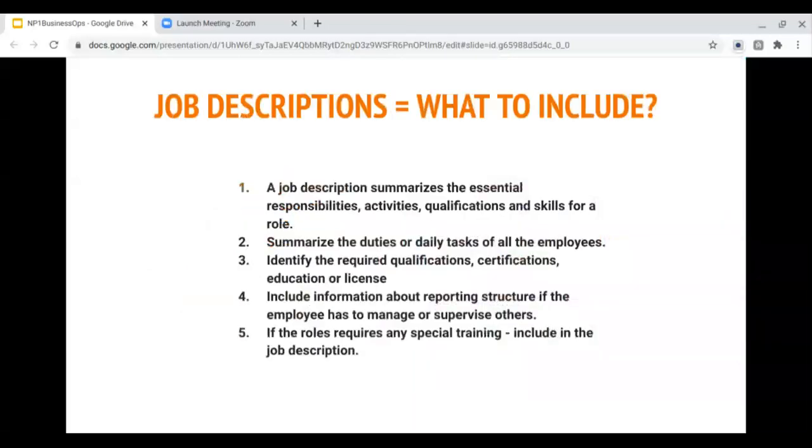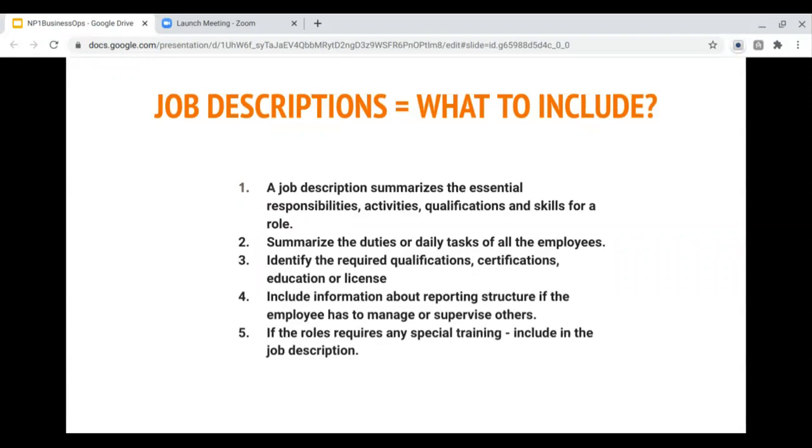Here's an example of what to include or some things to think about. You want to summarize the essential responsibilities, talk about some of the high-level activities the person will be doing, and any qualifications, so do they need any specific certifications or years of experience or experience working in certain types of settings.